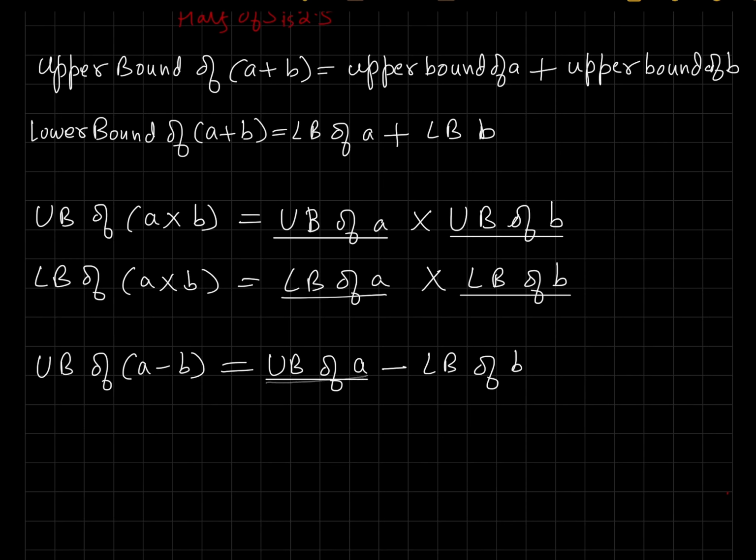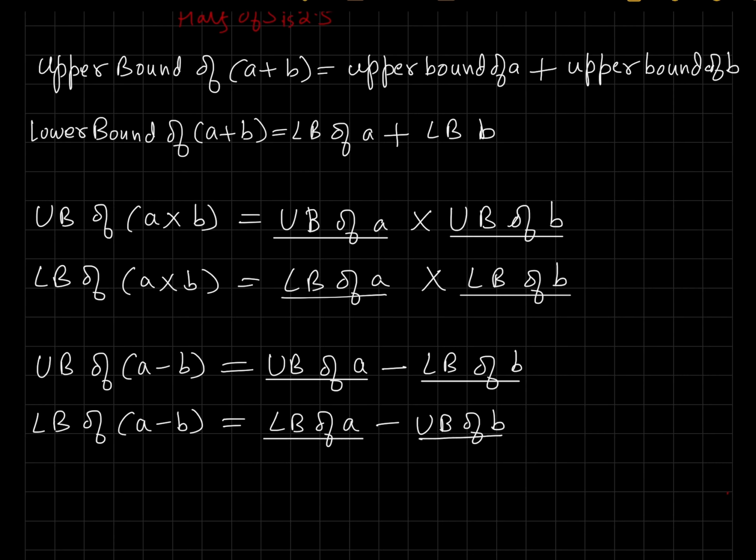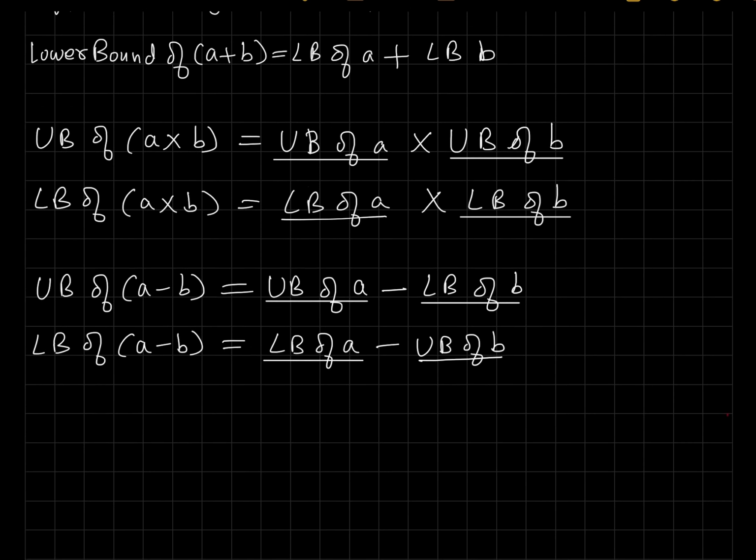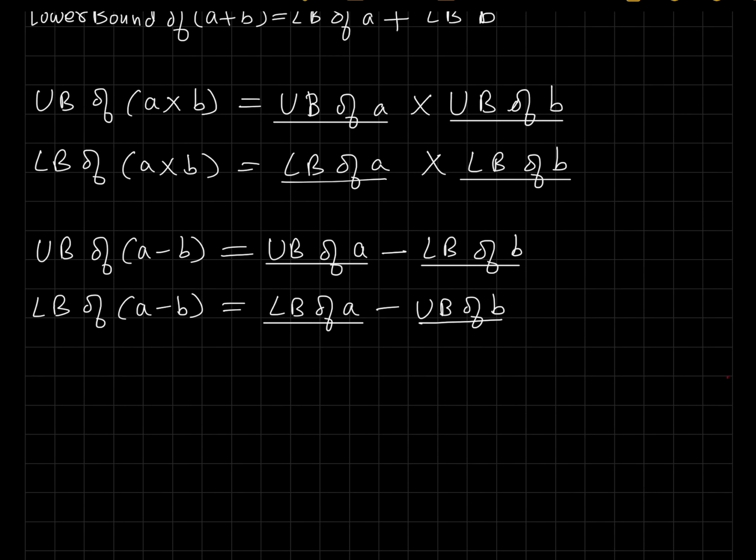If you subtract a smaller number from a bigger number, that gives you the larger number, and the upper bound would be our result. And for the lower bound of a minus b, we find the lower bound of a, and from it subtract the upper bound of b. That would give me the lower bound of a minus b. So always remember these rules while doing the calculations.